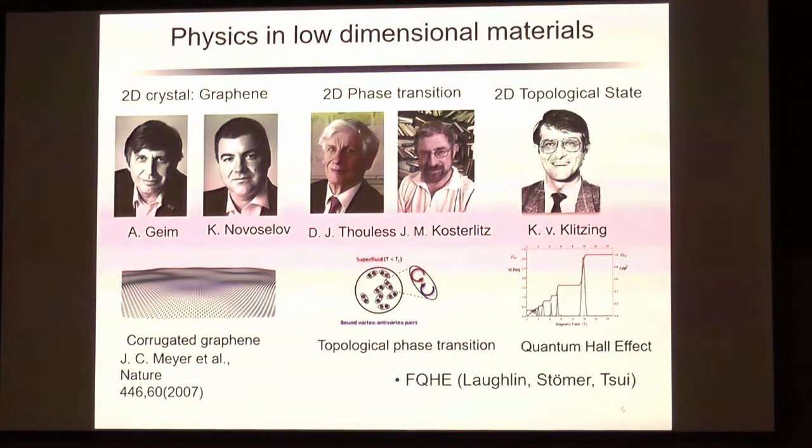Graphene is very special because there's a linear dispersion around the Fermi level, so Dirac fermions are very special. Another very interesting thing is the BKT transition.